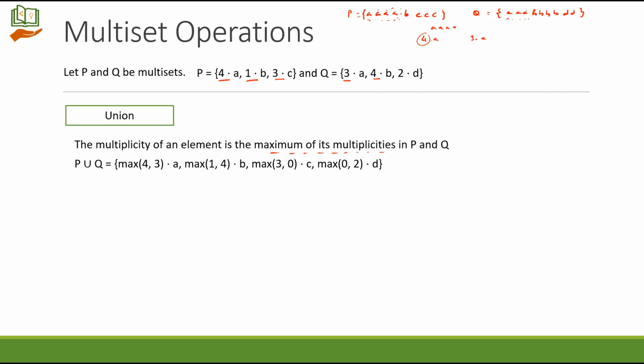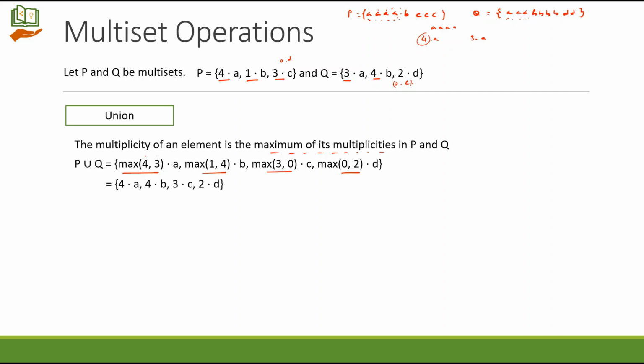Since C is absent in Q, we have the count of 0 for C with respect to Q. So we will have 3, 0. What about the D element? Here D is absent, so we can take it as 0 for D and this is 0, 2. So 4, 3, 1, 4, 3, 0, 0, 2. First multiplicity is from P, second multiplicity is from Q.